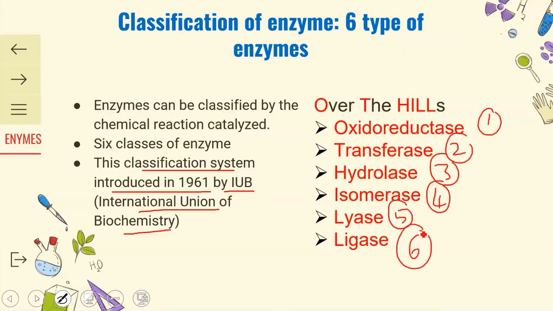To remember all these classes easily, you can use an acronym made from the first letter of each class. Based on this, I formed the acronym OTHILL, over the hills. So O represents the class oxidoreductase.